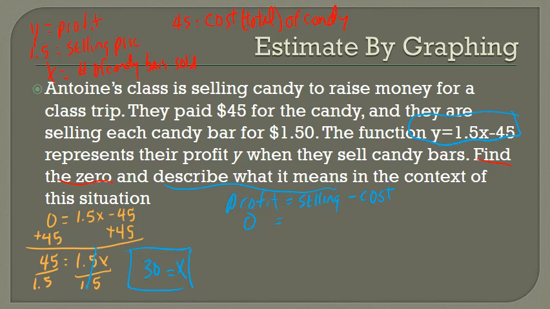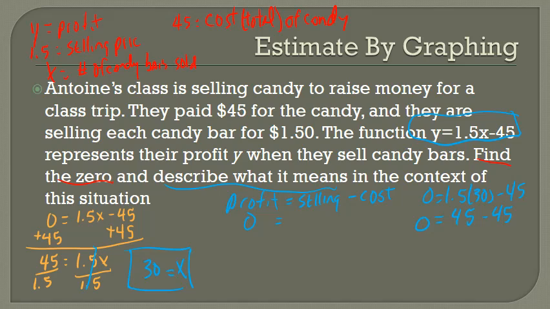Let's put it in this context. If 0 = 1.5 times 30 candy bars, x is 30, minus 45, well, 1.5 times 30 equals 45, and 45 minus 45 does in fact equal 0.